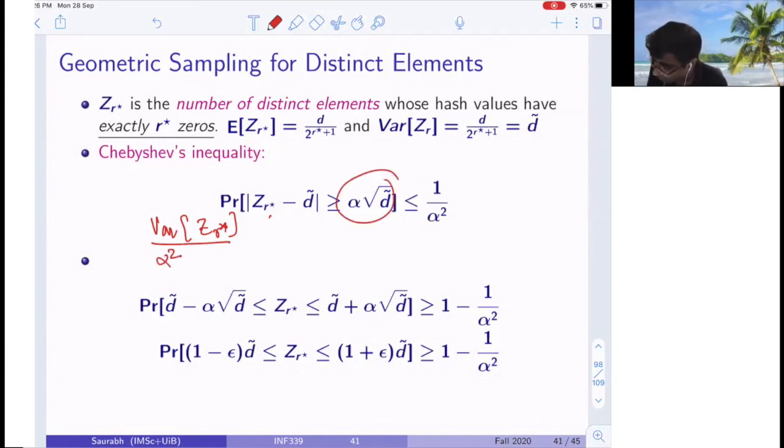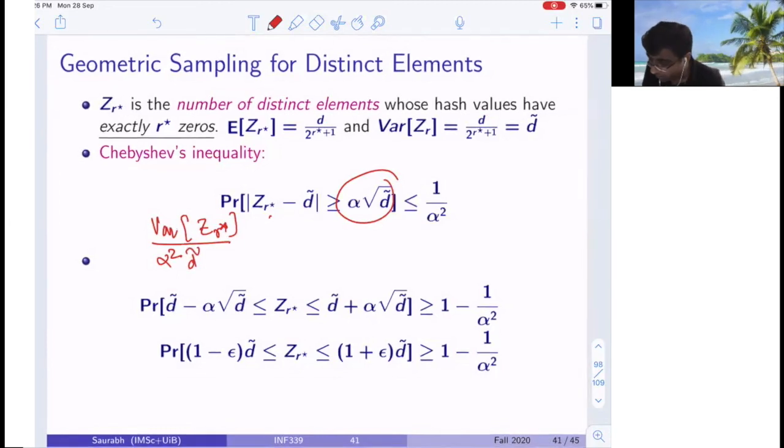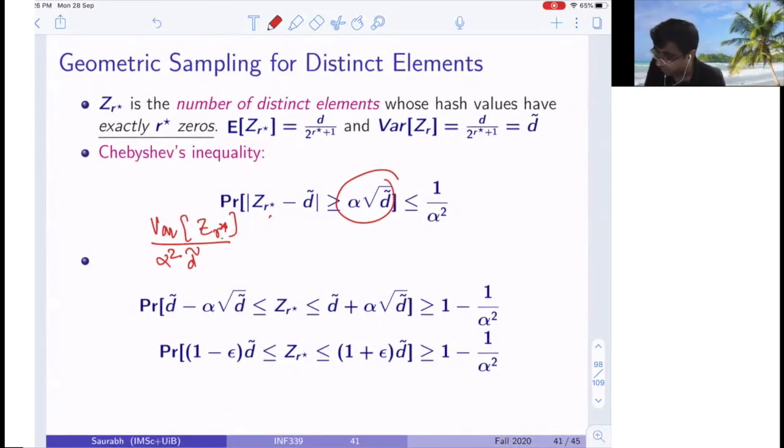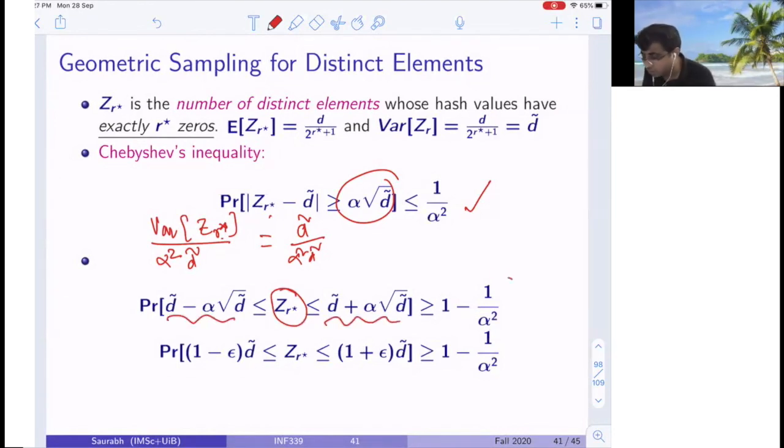So it would have been alpha square D hat. But what is the variance of Z R star? It is D by 2R, the same as D hat. So D hat by alpha square D hat, so you get this. So what does this imply? It implies that the probability that Z R star is between D hat minus alpha root D hat and D hat plus alpha root D hat is 1 minus 1 over alpha square.